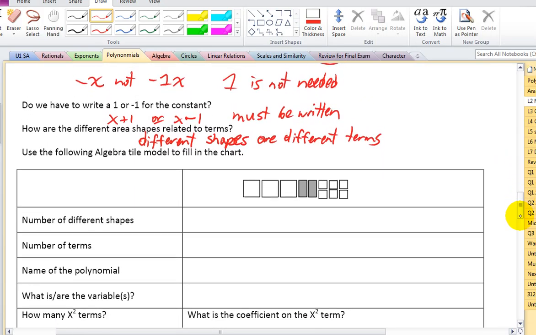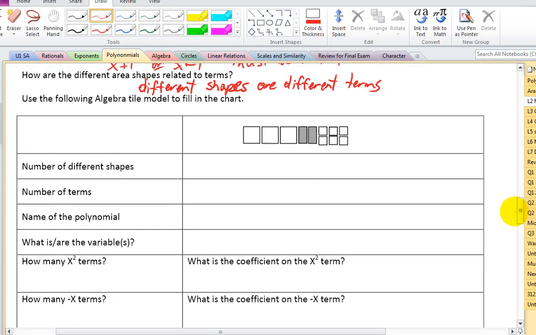So, let's fill out this chart, just like we did at the warm-up. Go for it.